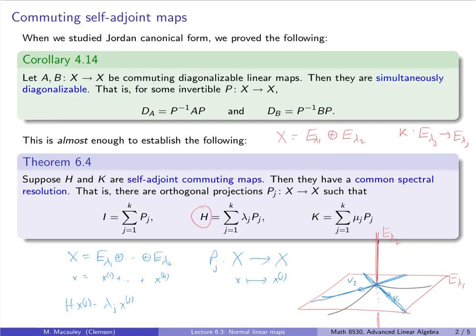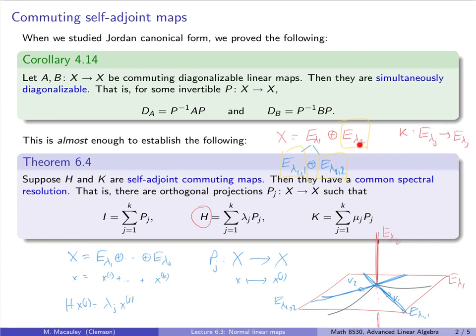So we can break this up into E lambda 1,1 direct sum with E lambda 1,2, and E lambda 2,1. Now X can be written as a direct sum of 3 eigenspaces.